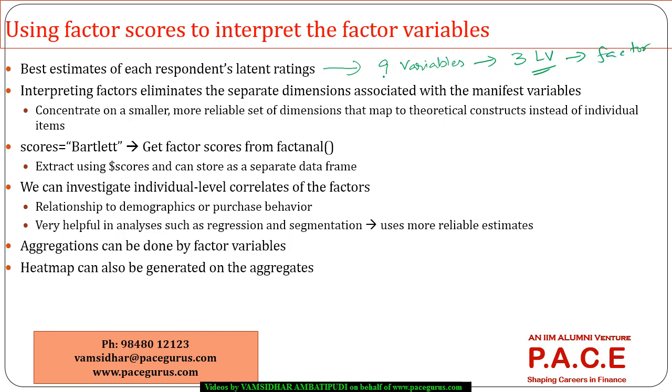Corresponding to the 9 inputs the customer has given, the scores for the factors are computed. So interpreting the factors is as good as interpreting the 9 variables. I don't need to interpret the 9 variables separately. I can in fact interpret the 3 factors, which are representatives of the 9 variables.